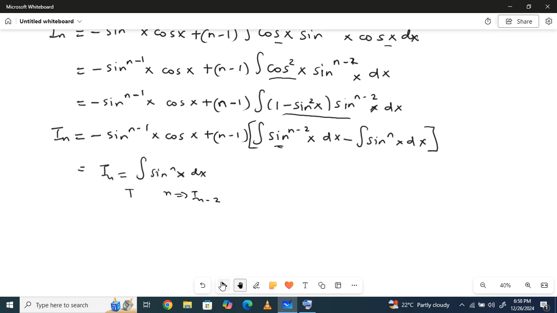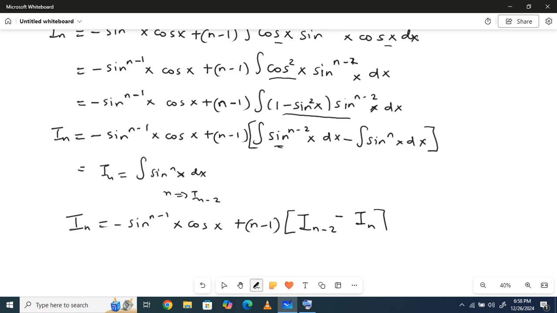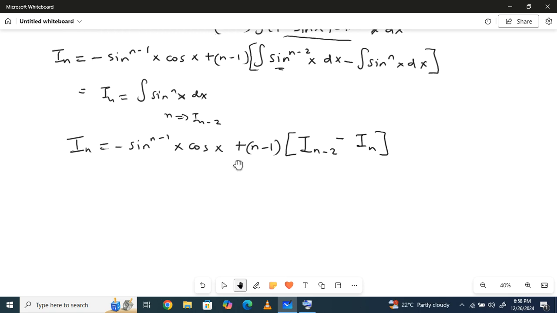And now we see that we can actually substitute, and when we substitute, we are going to have I power n is equal to minus sine n minus 1 x cos x plus n minus 1 into brackets, I n minus 2 minus I n.